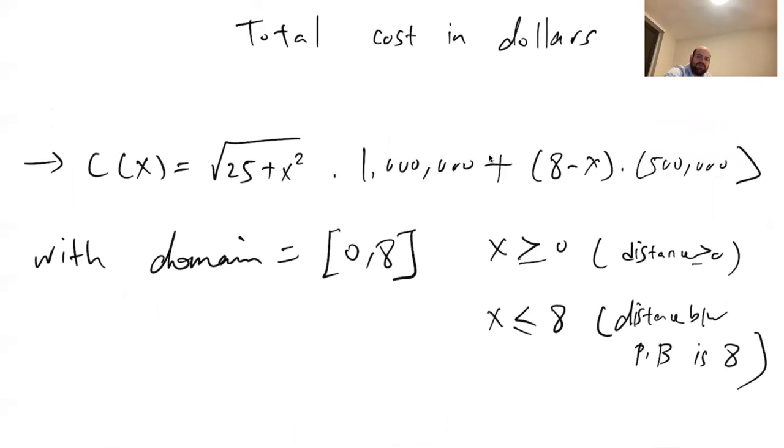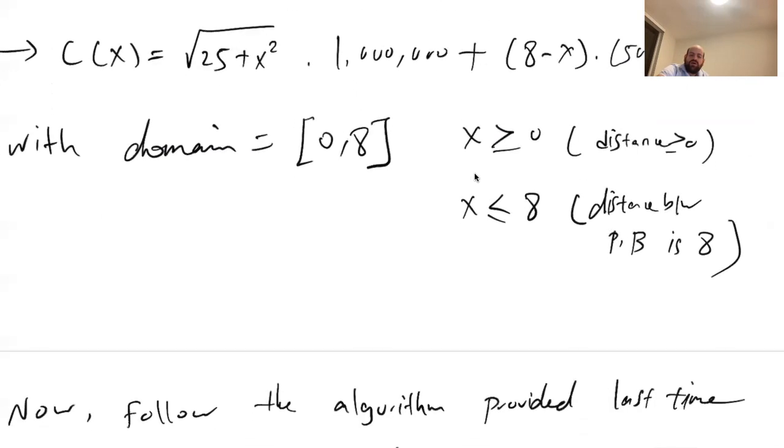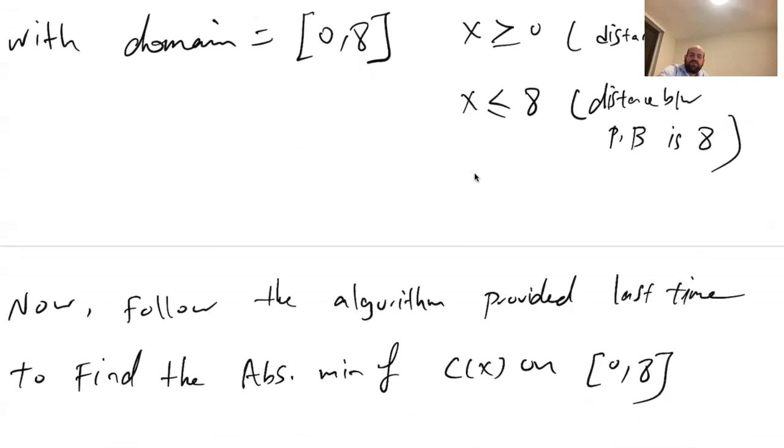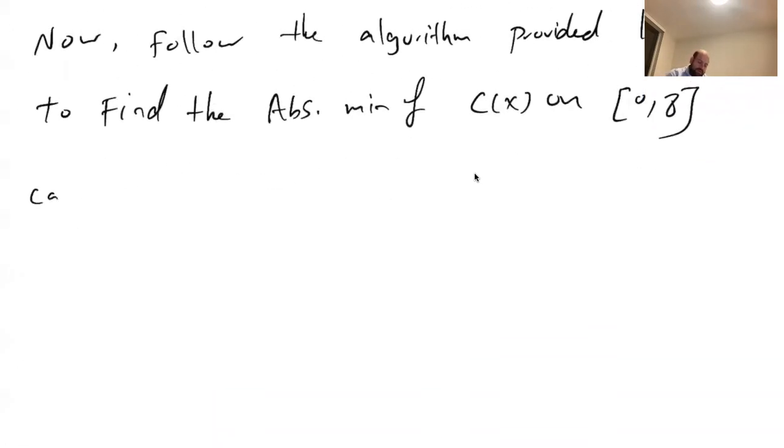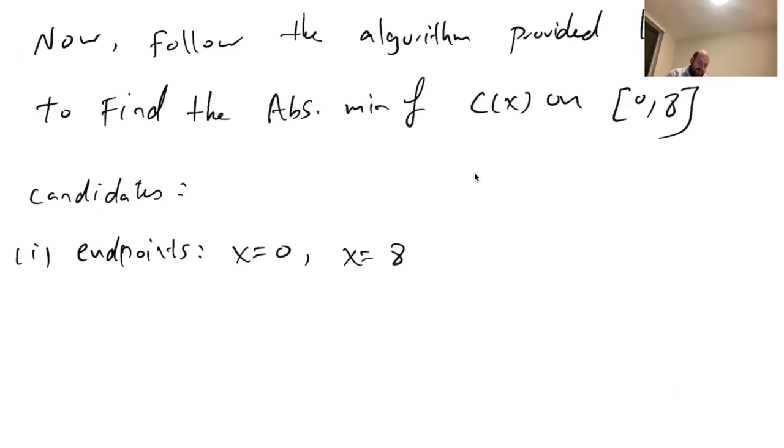This function is continuous, this function is continuous, the addition is continuous. A continuous function defined on a closed finite interval. And we know how to find the absolute max and min just fine. The candidates would be endpoints and critical points, and then compare the outputs. So candidates: endpoints, X equals 0 and X equals 8.